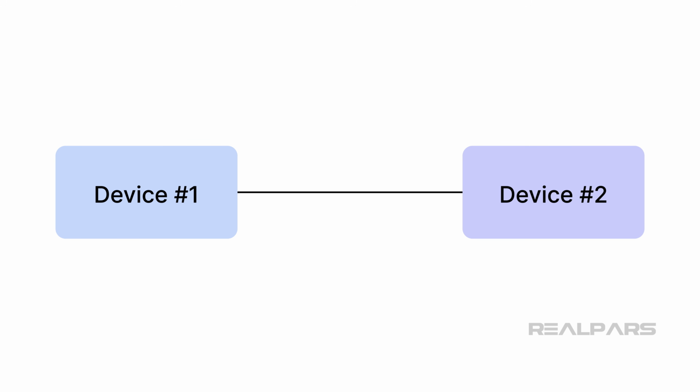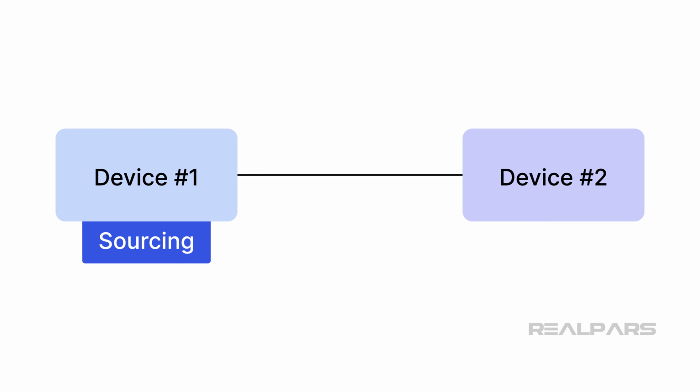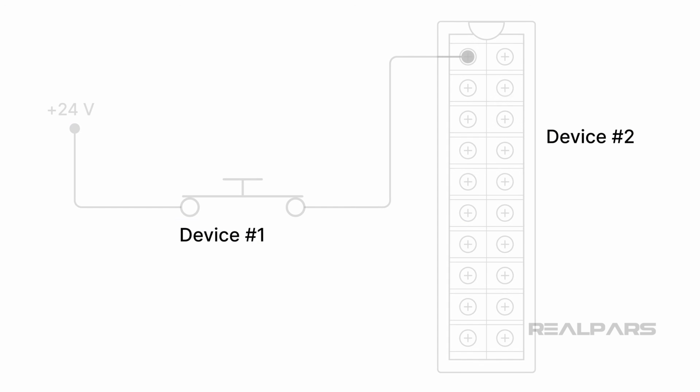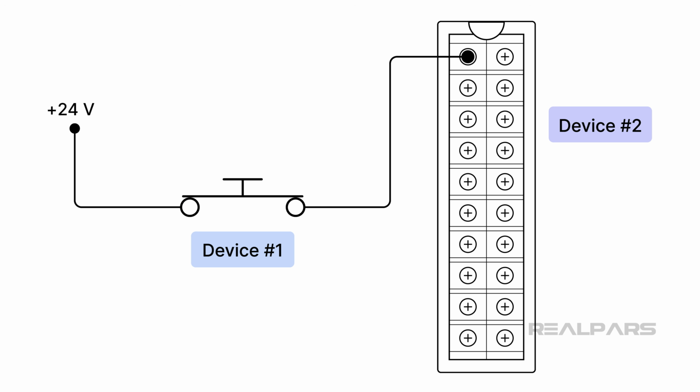In simple terms, it's all about defining the direction of conventional current flow between two devices. If current is flowing from device number 1 to device number 2, device number 1 is sourcing the current, and device number 2 is sinking the current. Suppose device number 1 is an input field device, such as a switch, and device number 2 is a PLC digital input module.